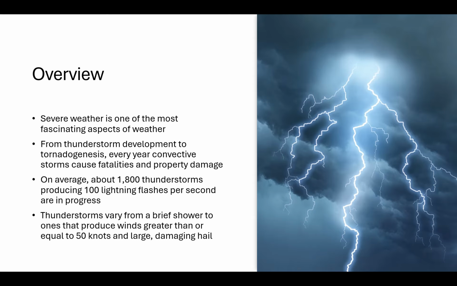And on average, by the way, there are about 1,800 thunderstorms in progress, producing 100 lightning flashes per second. Now, thunderstorms vary from a brief shower to ones that produce winds greater than or equal to 50 knots, as well as those that have large damaging hail. So there's a wide range of thunderstorm types out there.